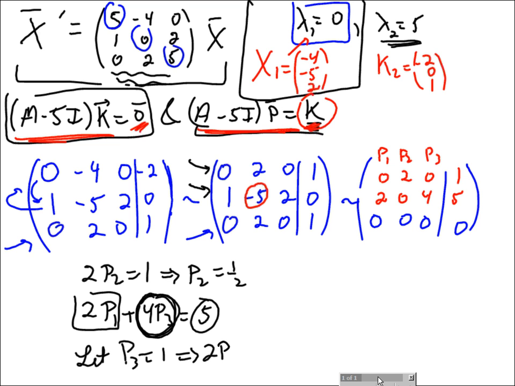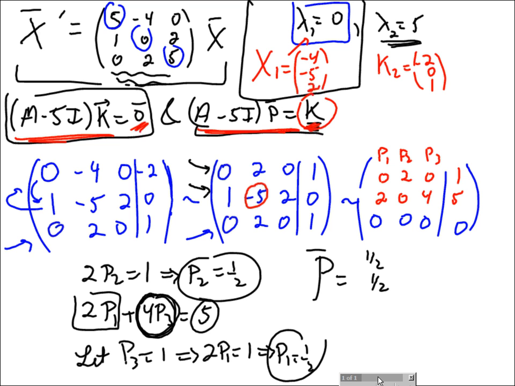So 2p1 must be 1, which means p1 is a half. So now I have big P. It's P1, P2, P3. That's P. We'll call it P2 because it's associated with lambda 2.